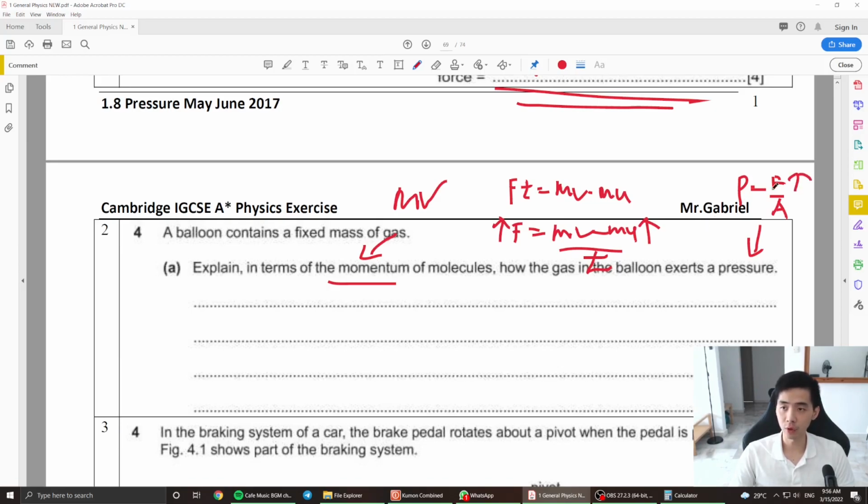This greater force will also increase the pressure inside the balloon as well, guys. So you're supposed to use these formulas and relate everything together.